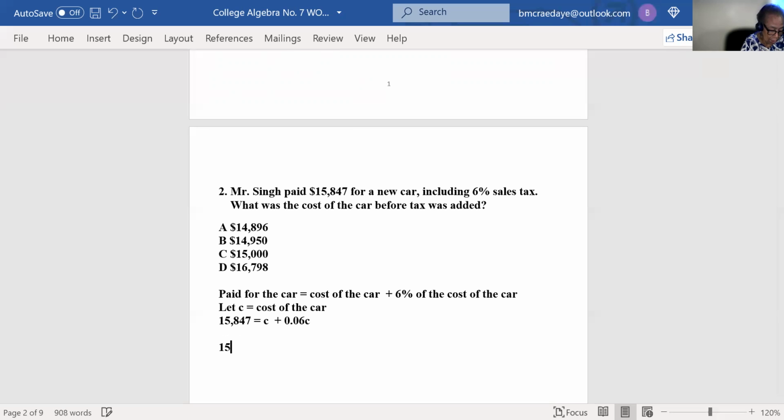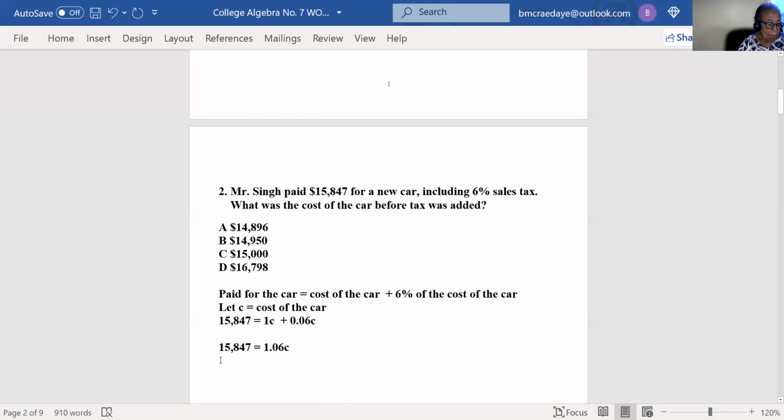So let's write here, we get 15,847 equals 1.06 C. Because notice this C is the same as 1C, so let me put a 1 here. So 1 plus 0.06 is 1.06.